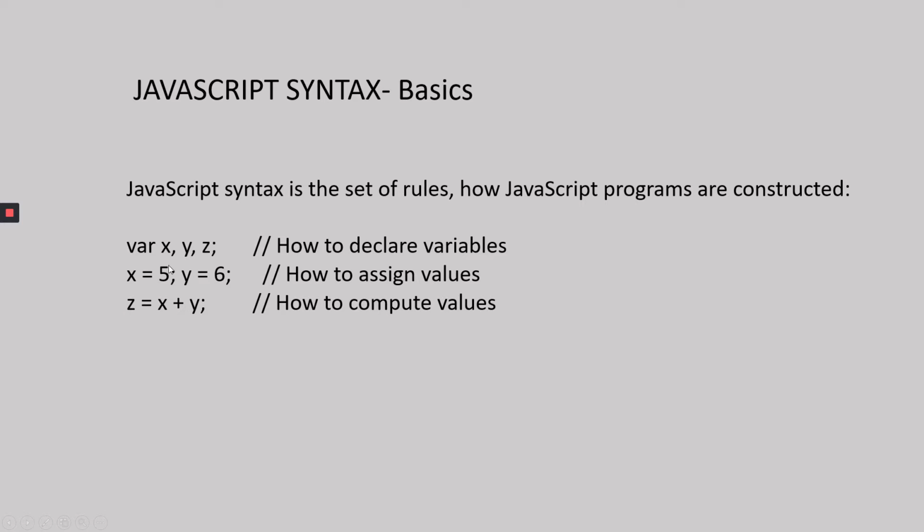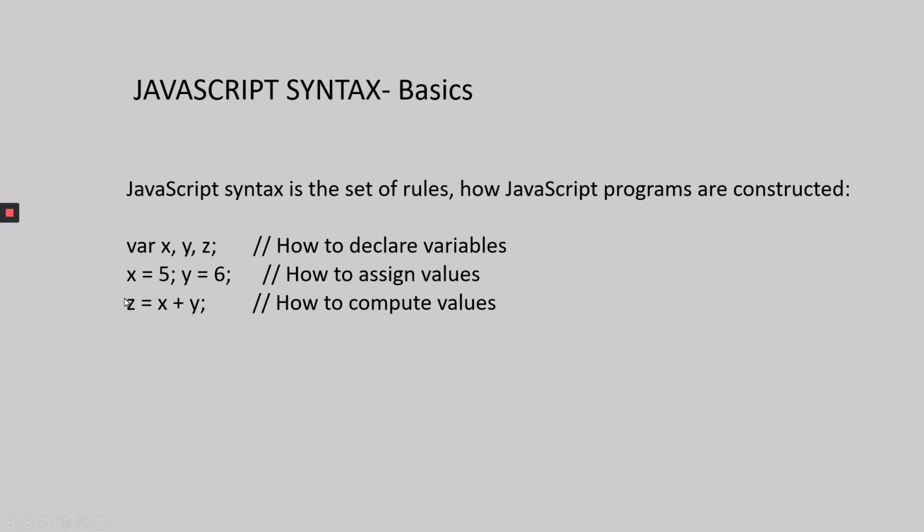In the second row, I need to assign values to the variables. For the first one, I assign the value 5 to the variable x, and after that I assign the value 6 to the variable y. So the second row just assigns different values to the different variables. The last row calculates the result, because I want to get the final result of 5 plus 6.